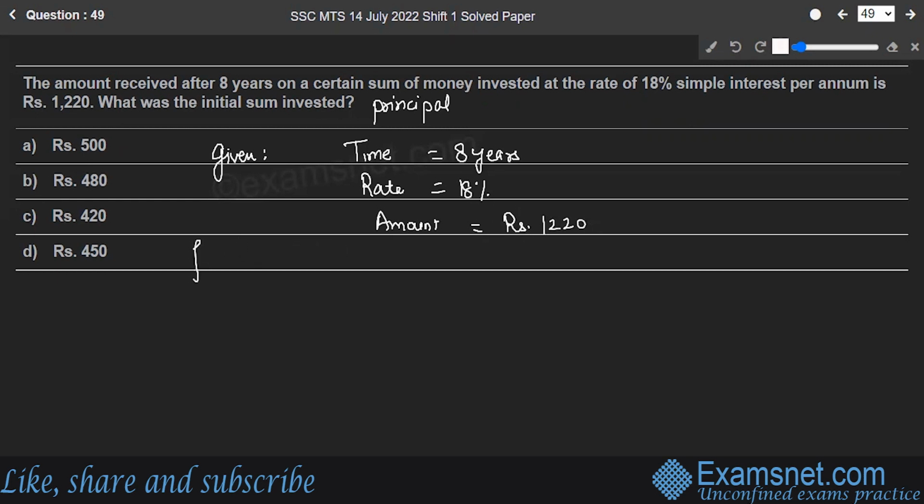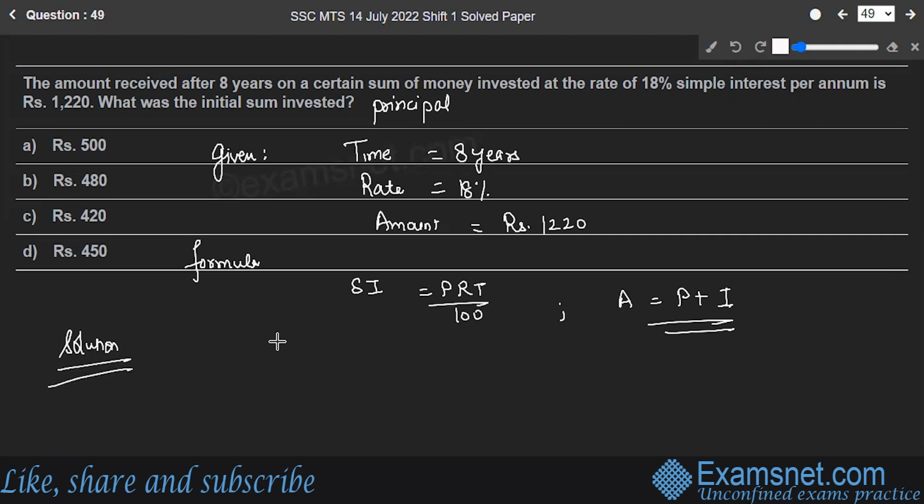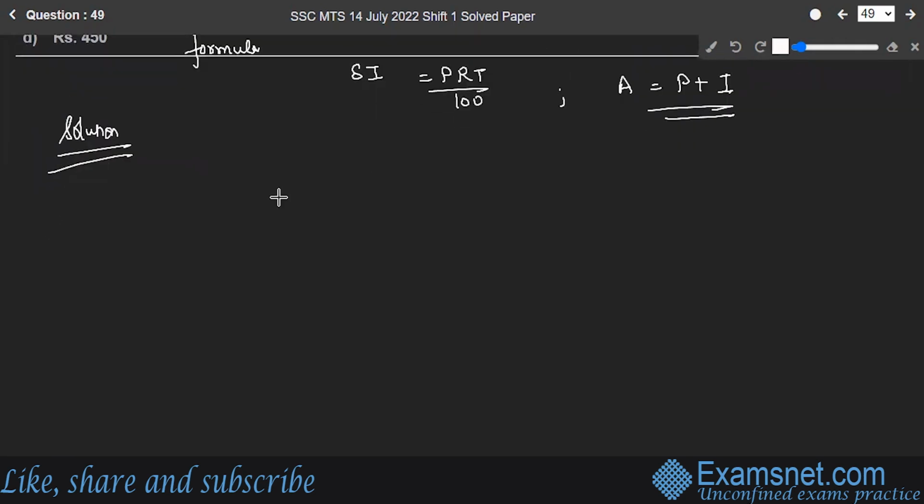So also let's discuss the formula. The simple interest formula, you know, is principal into rate into time upon 100. Also the amount is given by principal plus interest. These two formulas are with us. So now let's quickly go with the solution to the problem. We don't know the basic amount which was invested.